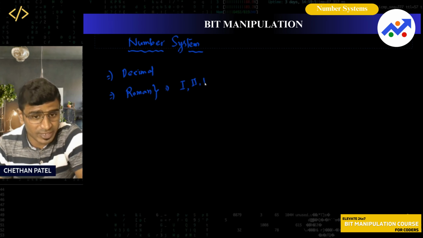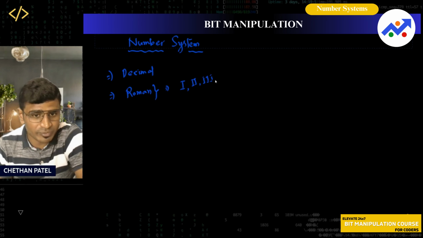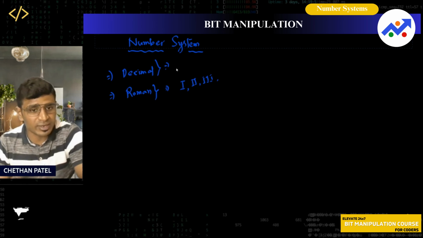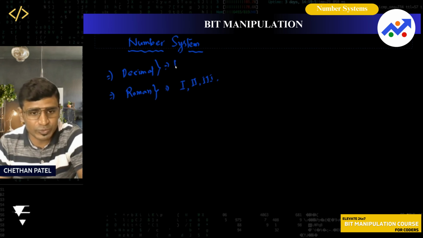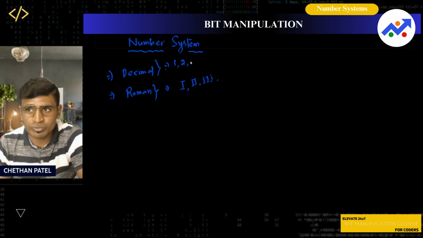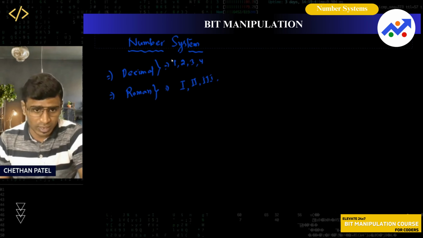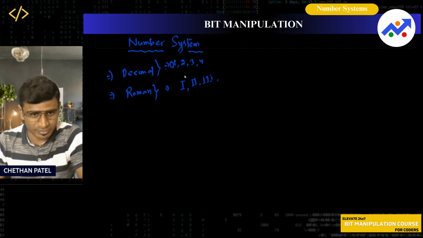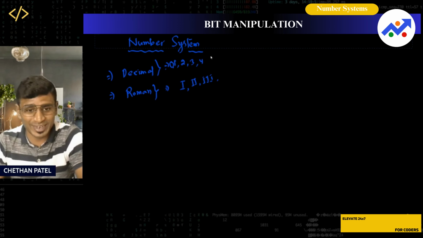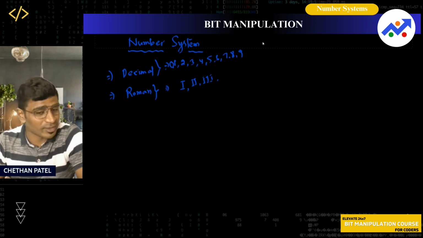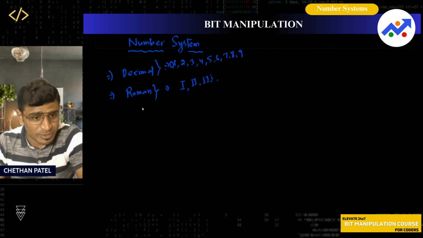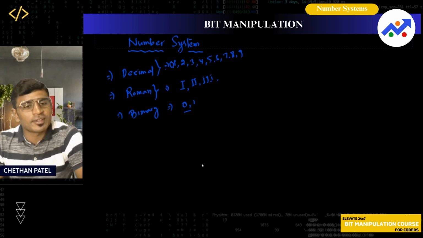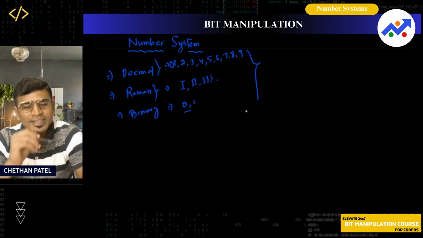To represent three, we use three I's. Whereas in the decimal number system, we use different symbols. We use one, two, three, four, and in decimal, we also use zero. Zero is the first digit that we're going to use, right? Eight, nine, something like this. When it comes to binary, we use only zero and one. So, what exactly is this difference?